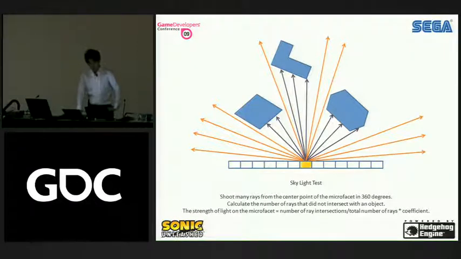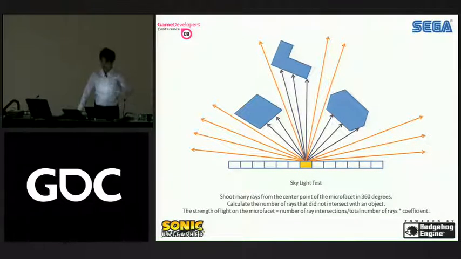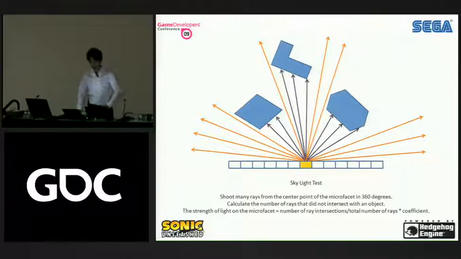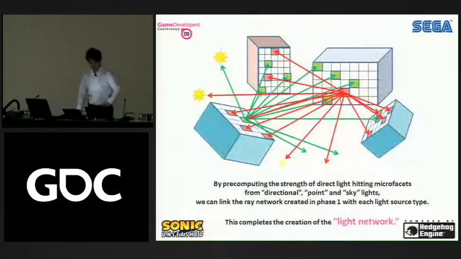And this is a skylight. It's a little bit different. There are so many microfacets, and actually there are a lot of rays which come from one microfacet, and then you will remember the ratio. This is like ambient occlusion.